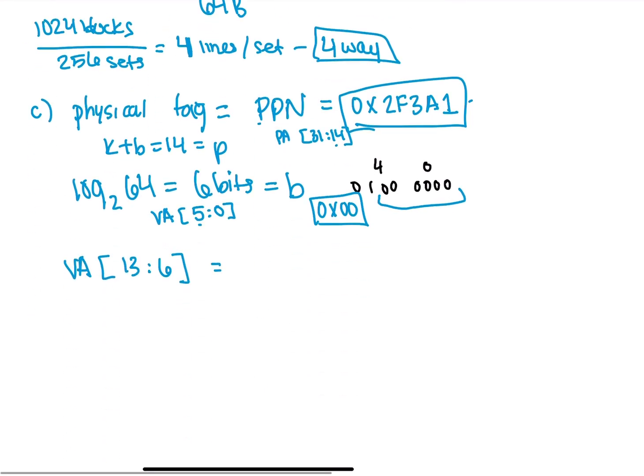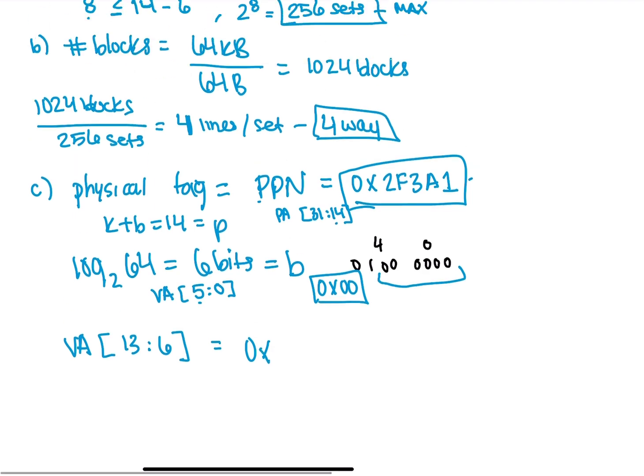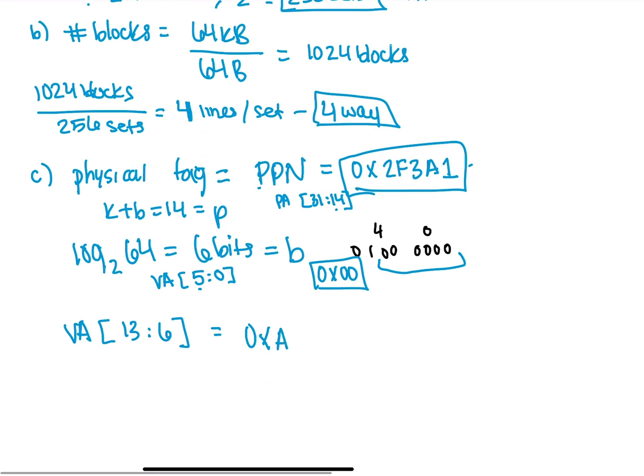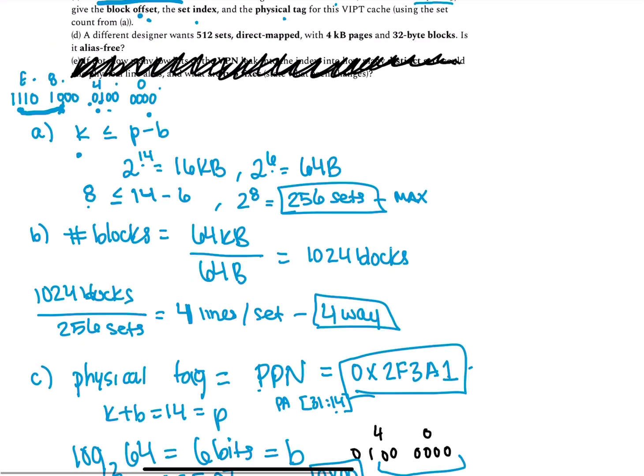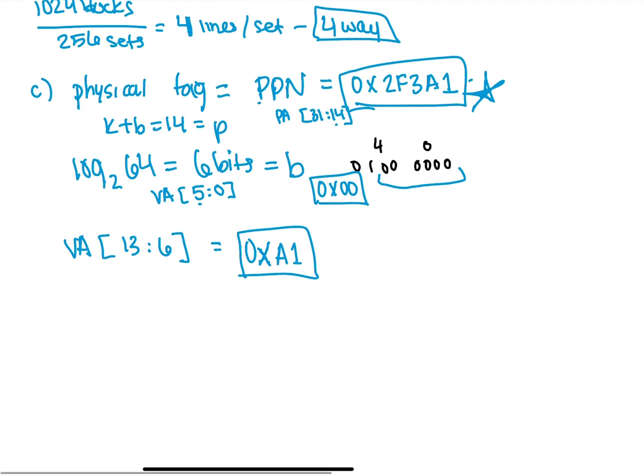That gives you 0xA1, because this part here is 1 and that part there is A. You can do this out yourself, but that's those 3 values. The main important part to realize is that our physical tag is the same thing as our PPN.